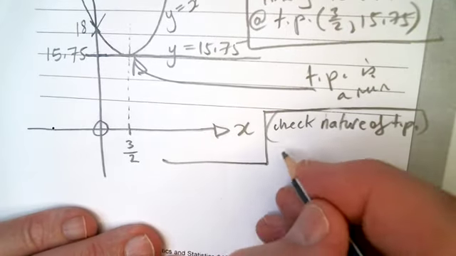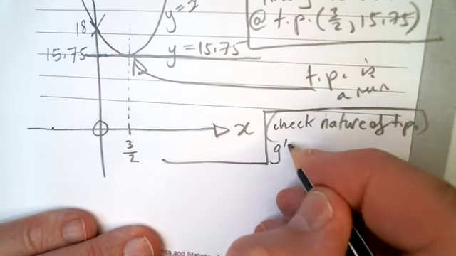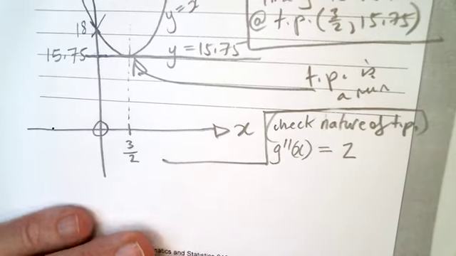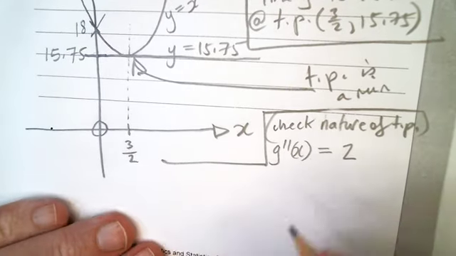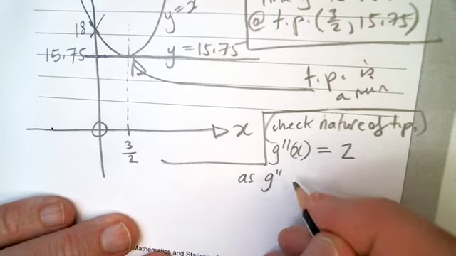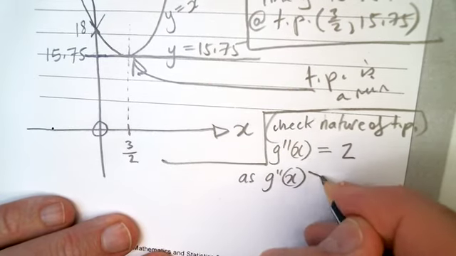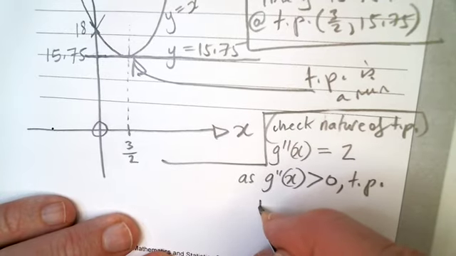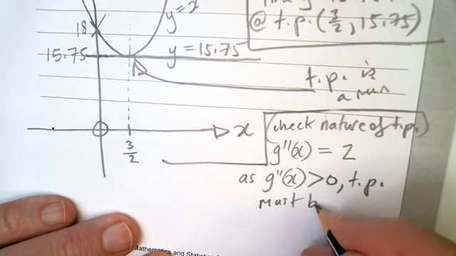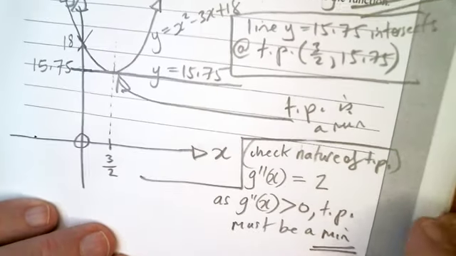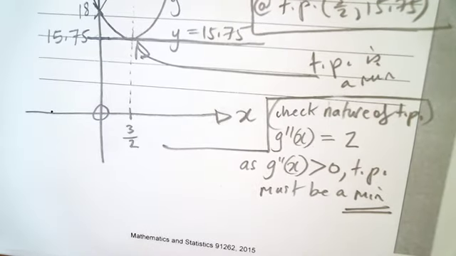So we're going to have g double prime x is going to equal 2. As g double prime x is greater than 0, the turning point must be a minimum. And that's how I would conclude that question.